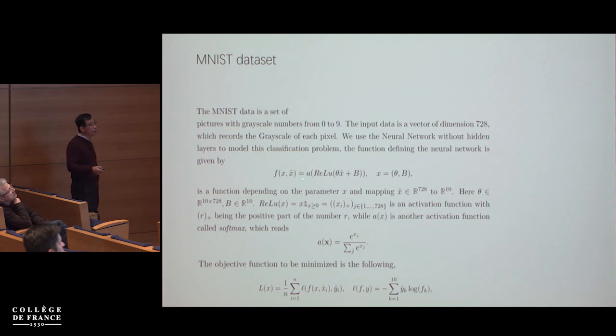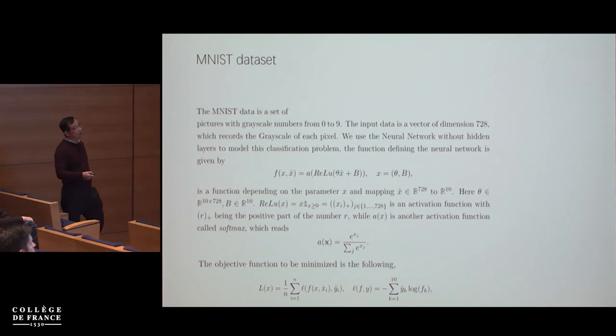So here's a typical neural network. You have this linear combination, where x hat is your test data, a linear combination of x. Then you apply what is called an activation function, which in this case is the so-called rectified linear unit, which is basically the function of x that is just the positive part of x.